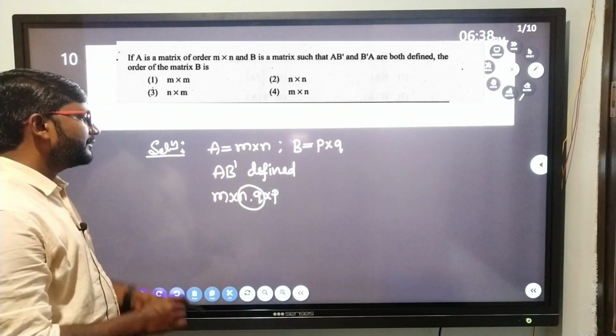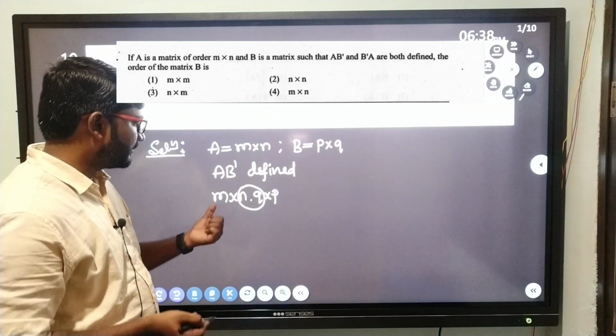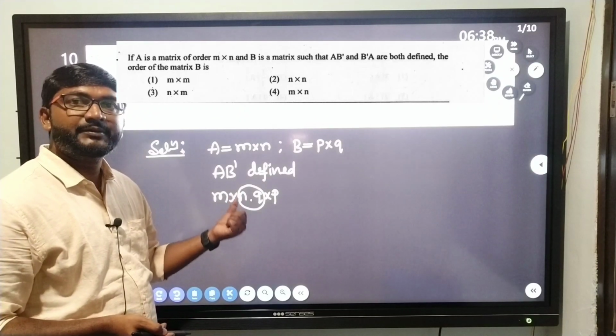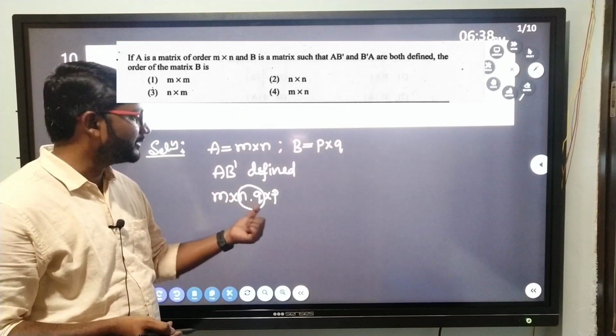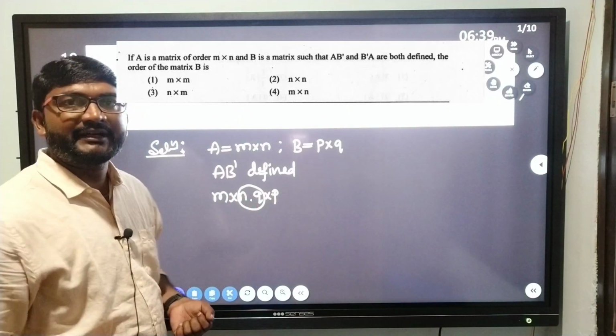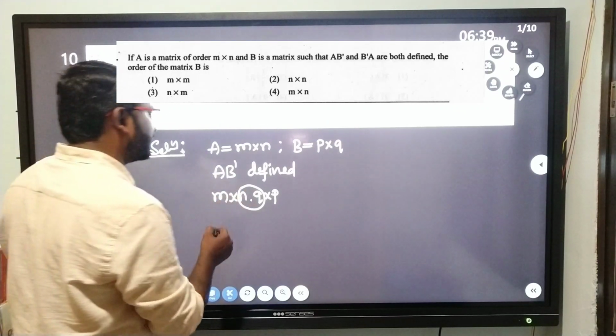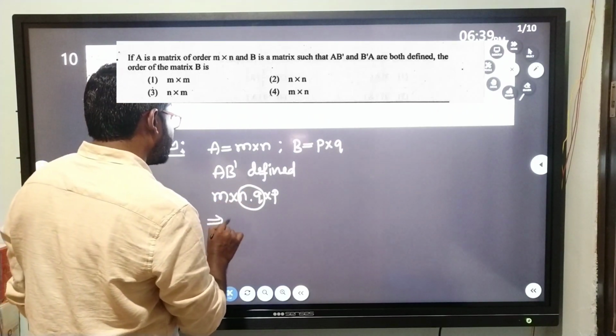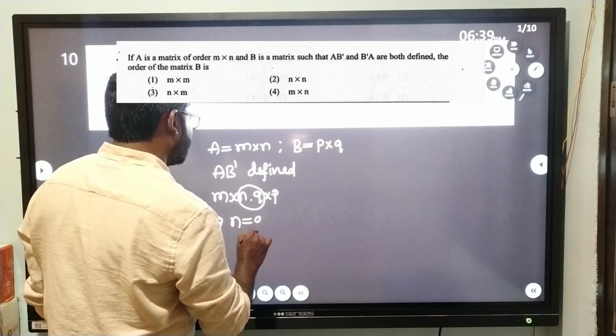The number of columns of the first matrix should be equal to the number of rows of the second matrix. So this is the property of matrix multiplication. This implies n is equal to Q.